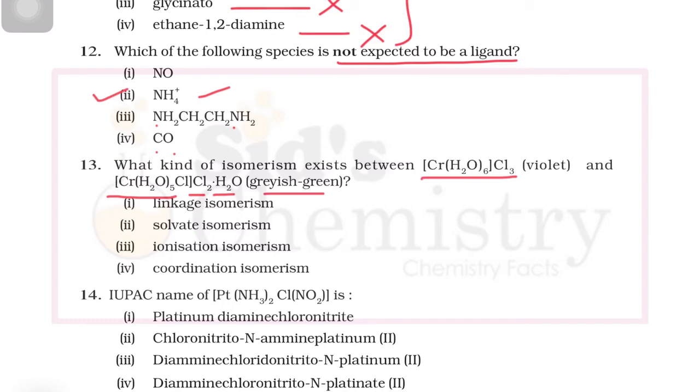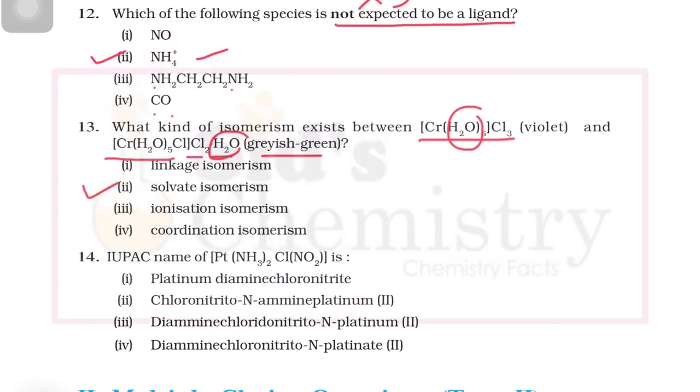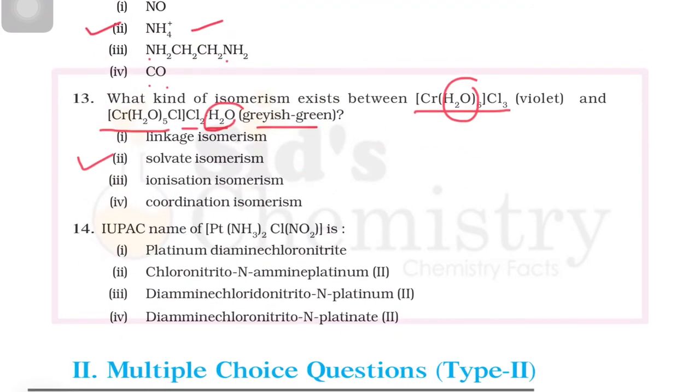When the water molecule comes out from the ligand moiety to the aqueous moiety attached to the complex, it could be understood that it is solvate isomerism, and therefore for question number 13 the correct answer is solvate isomerism. You can see that the water molecule here is also taking part as a ligand in the other complex, and therefore the correct answer is option number 2, solvate isomerism.